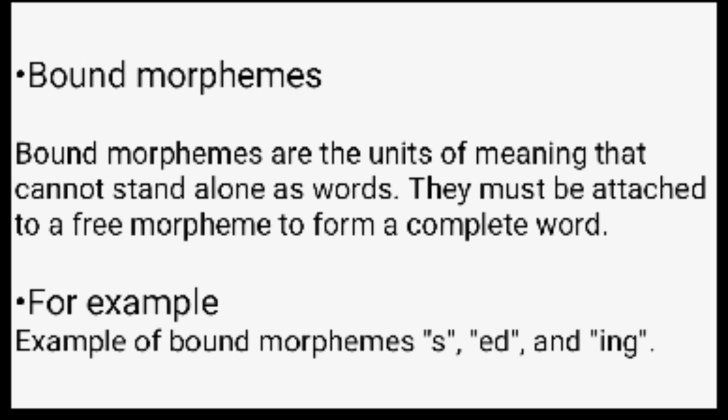For example, happy is a free morpheme because it can exist independently as a word, whereas un is a bound morpheme because it cannot exist independently and must be used together with a base. Other examples of bound morphemes are es and ing. For example, happy, unhappy. Un is a bound morpheme.